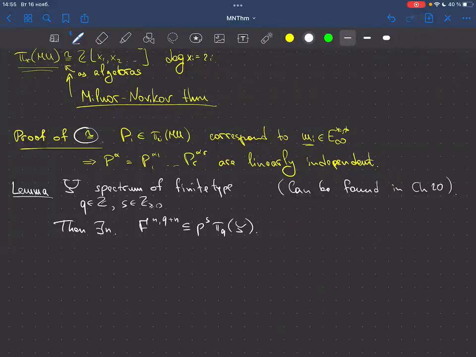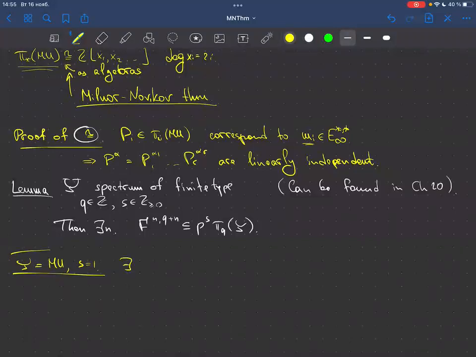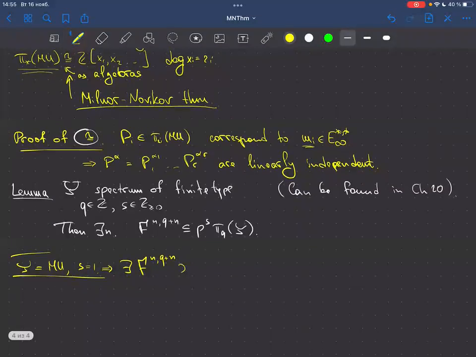I want to apply this lemma for Y equal to mu and s equal to 1. It implies that in this case there exists such a number for which this term of the filtration times Fp is 0.